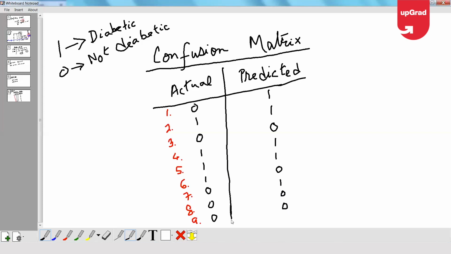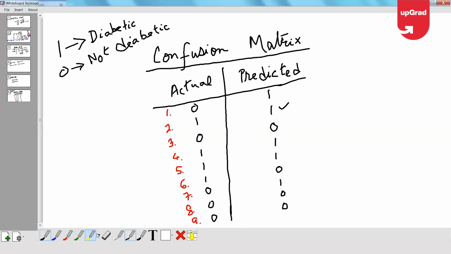So looking at the characteristic trends and patterns, you have made these 9 predictions. Now out of these 9 predictions, how many have we got right?